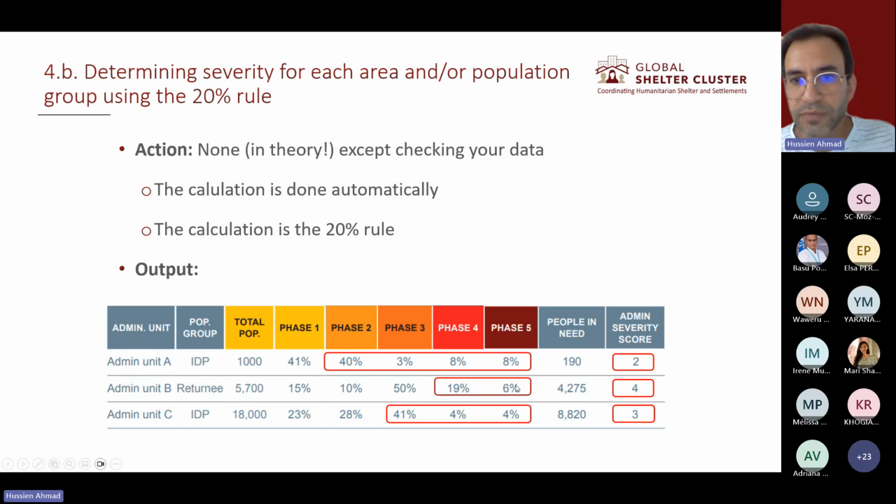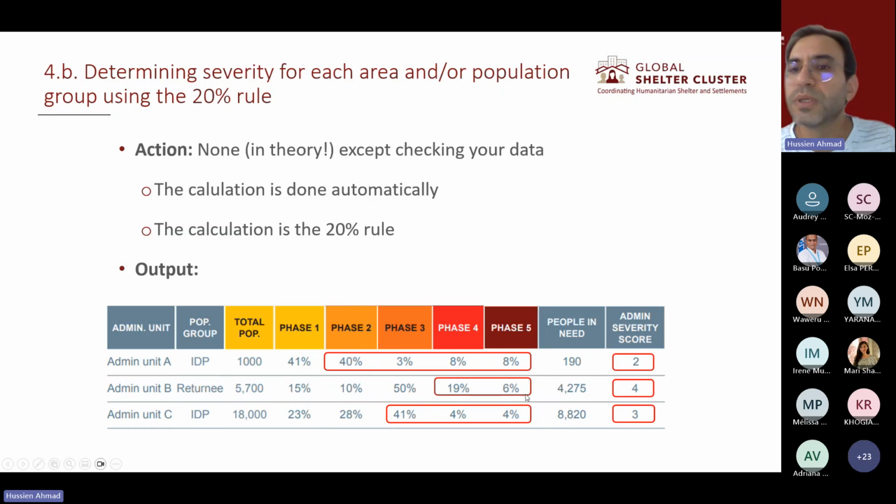Row 2, we have 6, it's not 5, plus 19 is 25, yes. We exceeded the 20% level at severity 4, so it's severity score 4 for this area.